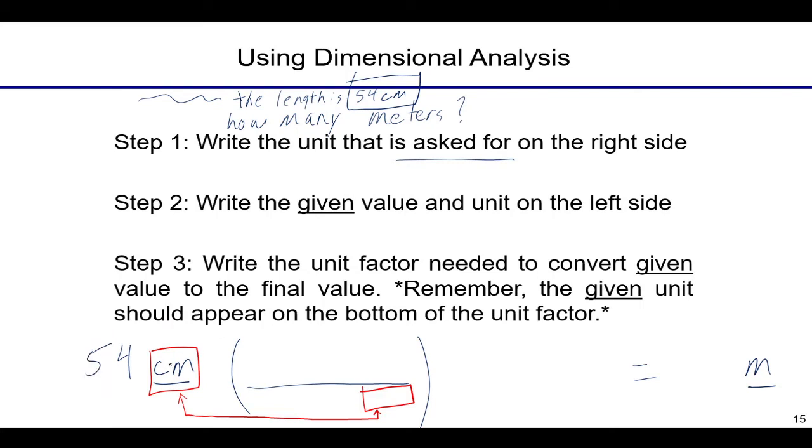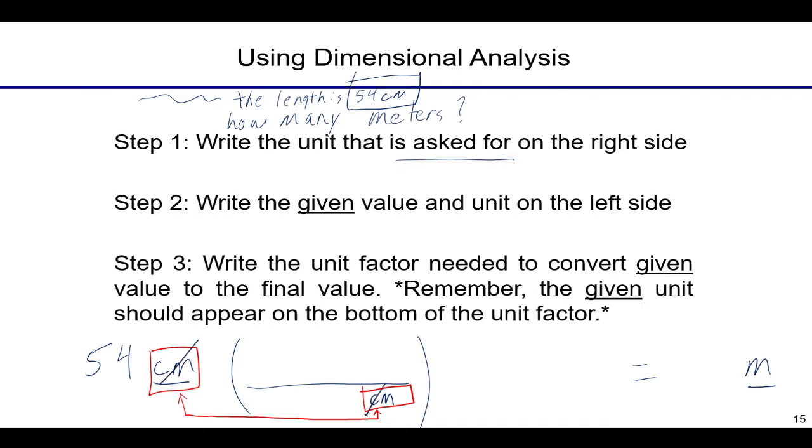Whatever you write here, and this is why it's important to write out the units, immediately write it down here. The given unit should appear on the bottom of this unit factor. Now, there might be multiple unit factors, and we'll get to that, but this is the way to start. What are you asked for? What are you given? Immediately write that given one down here. And now think of the unit factor that's needed to convert centimeters to meters.